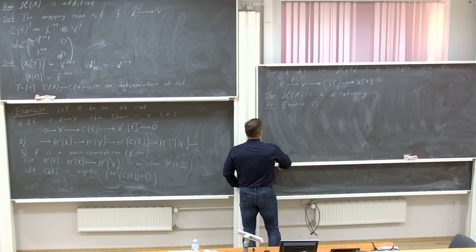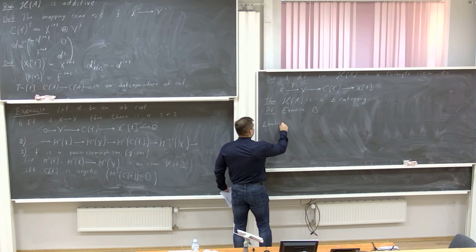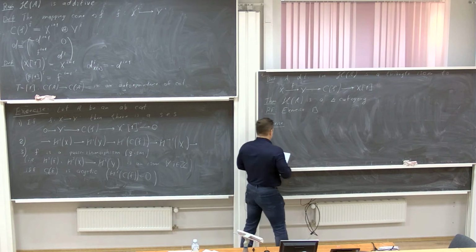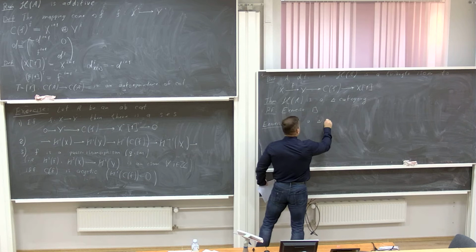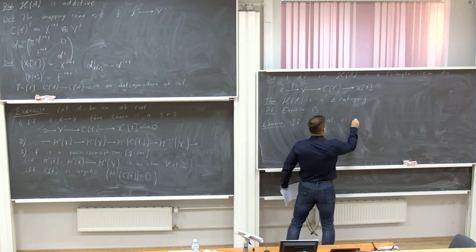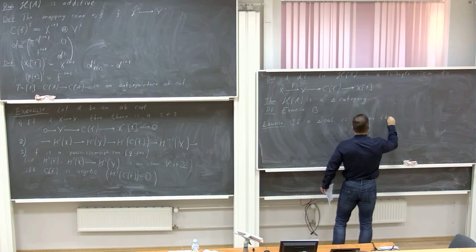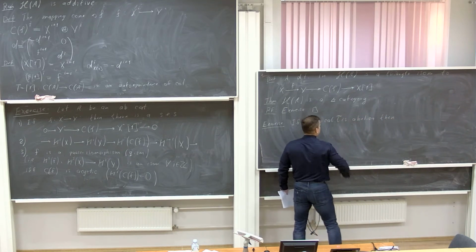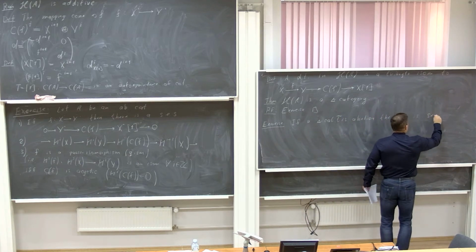Now I have also another exercise which is much easier, but I think this is still an interesting exercise. Say a triangulated category T is abelian, then T is semi-simple.